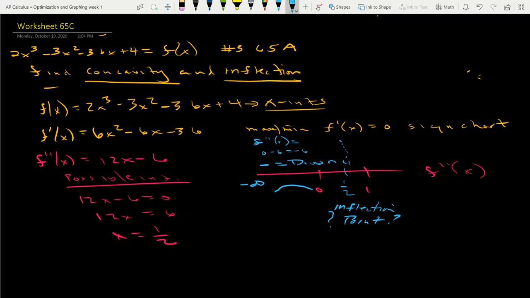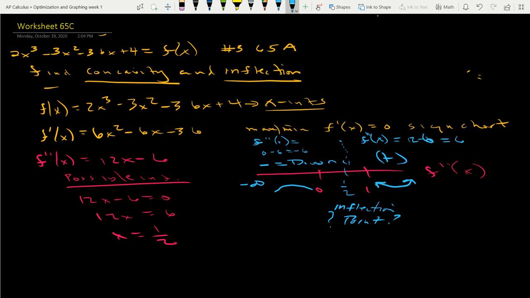Now I go to this side and I say f double prime of x, and I'm going to plug in 1, so I'm going to get 12 minus 6, and that's going to be 6. So that is a positive side here. So this is concave up.